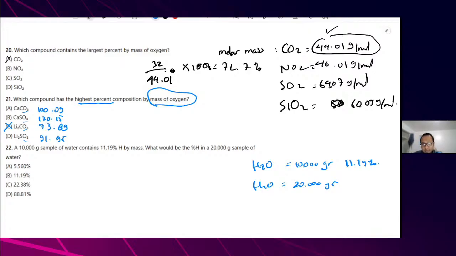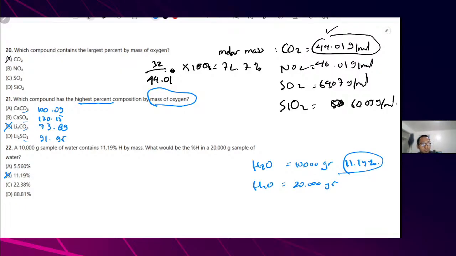Just remember, percentage doesn't change with the sample size. Just remember that one. So the answer is still the same. The percentage is still the same.